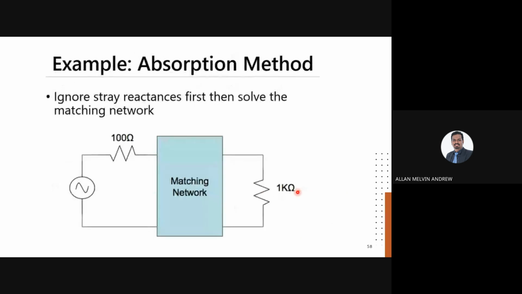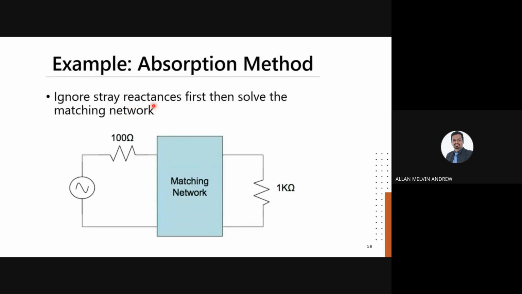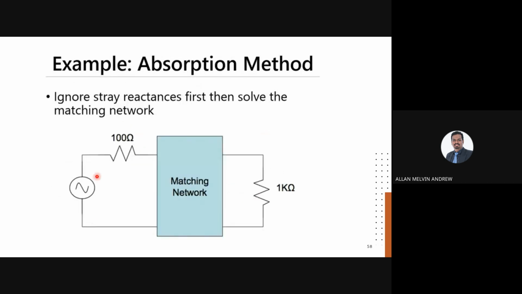What we need to do first is ignore the stray reactances, then solve the matching network. So this part you throw away first, and this part you throw away first, and then you will get 100 ohm and 1 kilo ohm, and you attach them to the matching network.